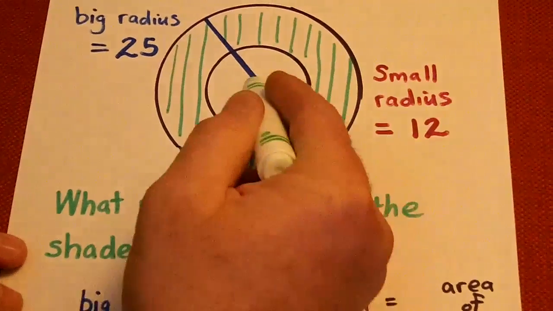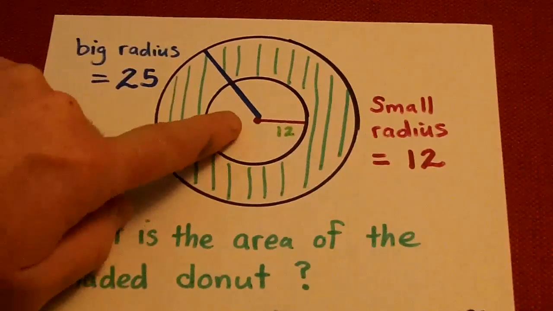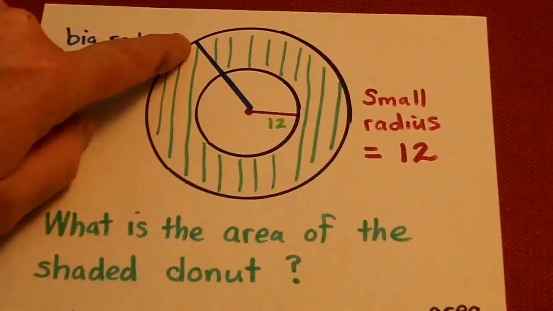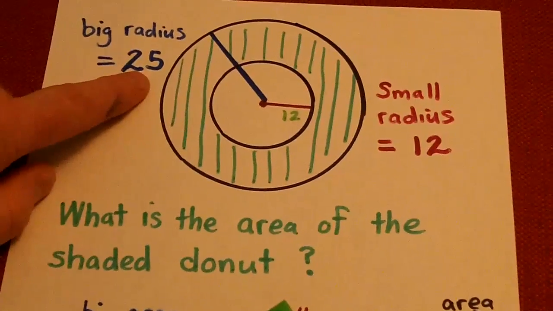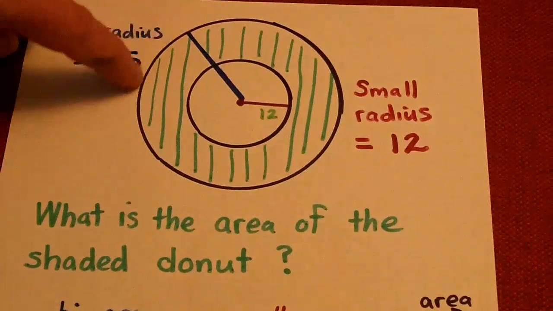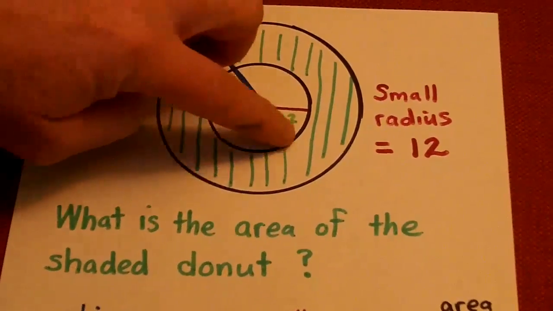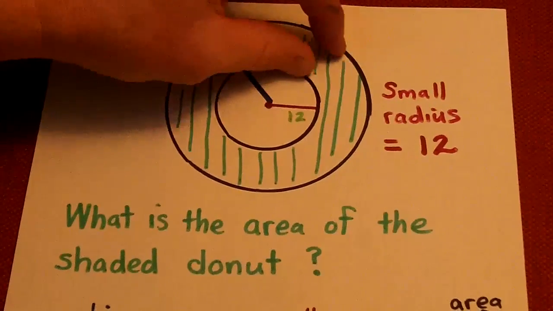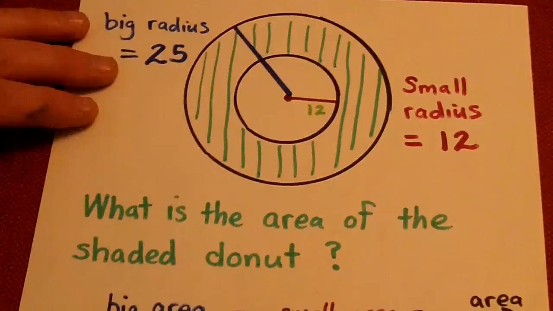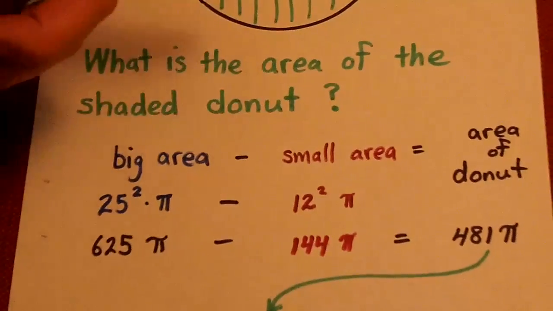And then the bigger circle, from the center point clear out to the side, has a radius of 25. So we're going to take the big circle's area minus the small circle's area, and that should give us this donut shape. Maybe on the test it says, what is the area of the shaded donut?